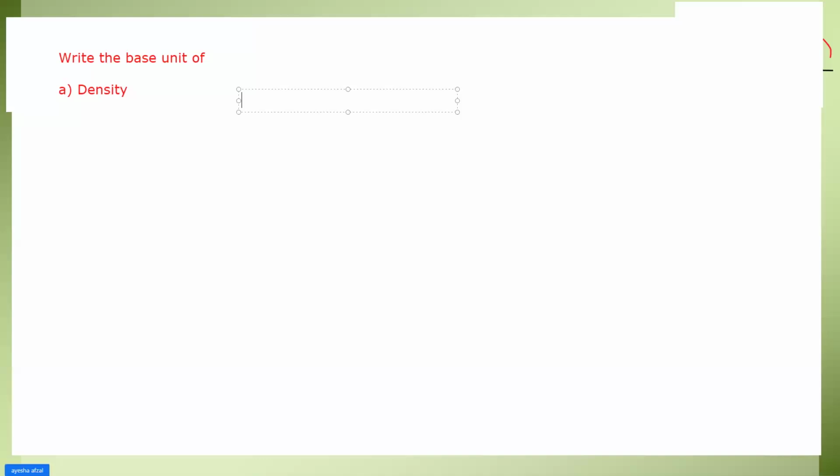The SI unit of the volume is meter cube. So for base units, you cannot mention centimeter cube as it's not the base.